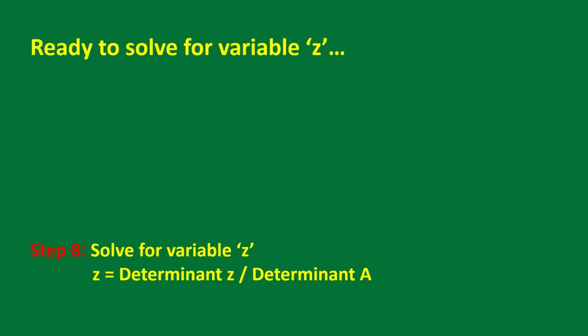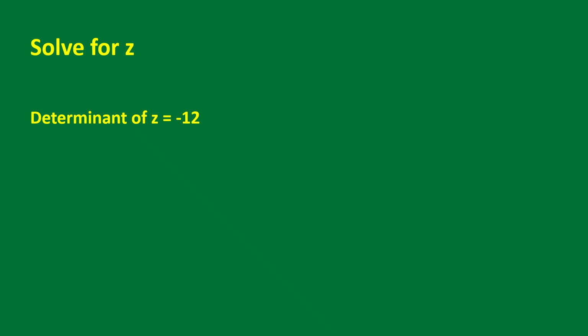In this case, z is defined as the determinant of z divided by the determinant of the initial matrix A. We are going through the calculation step by step. First, the determinant of z is minus 12. And the determinant of the initial matrix A is minus 2.